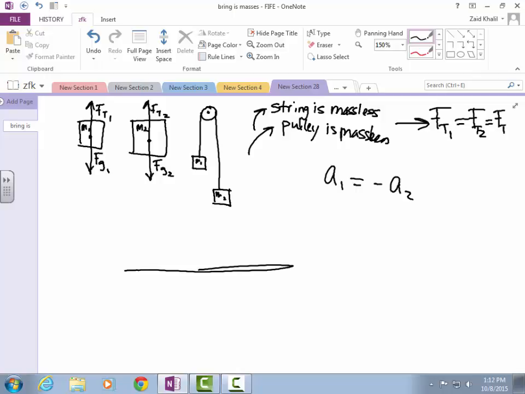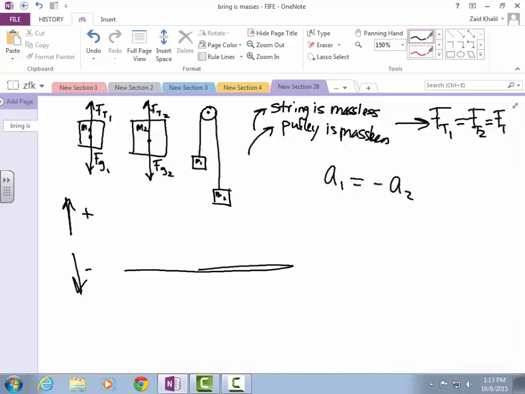So we write Newton's second law for each body. So for body 1, what do we have? Which way do you want to call up? So we'll call up positive, and we'll call down negative. So then on body 1, what does Newton's second law say?